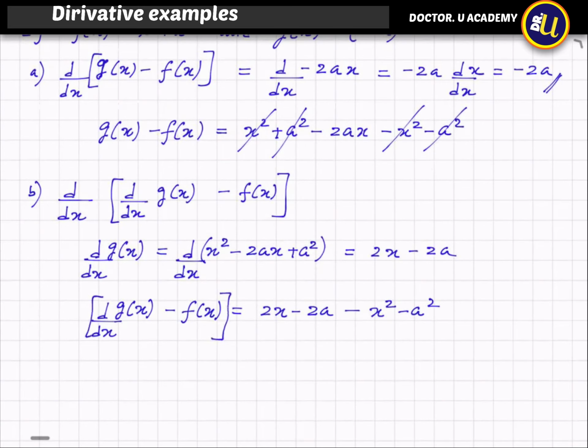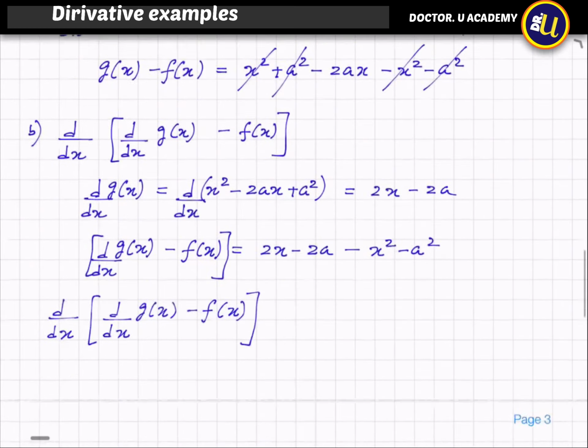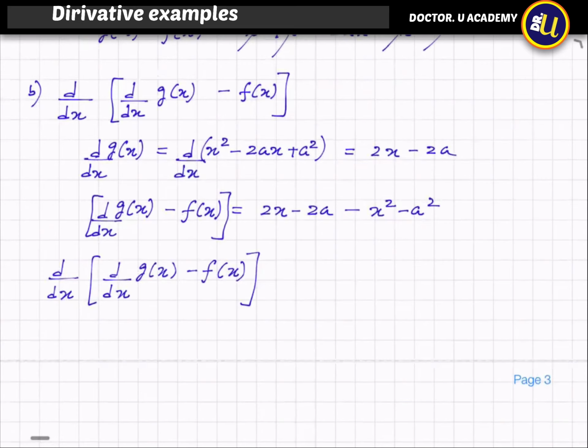Now we need to differentiate that. So d/dx of, now we have d/dx g(x) minus f(x) here. Okay, so once we have that, that means we have to differentiate this one.